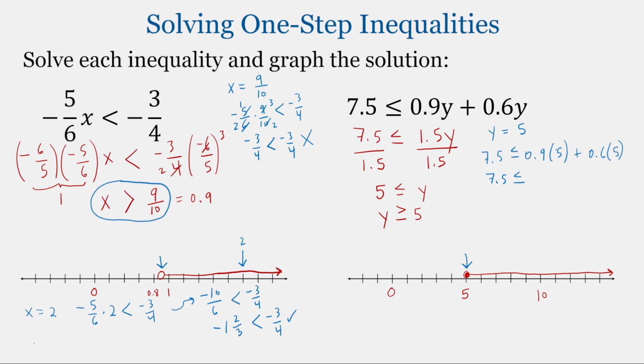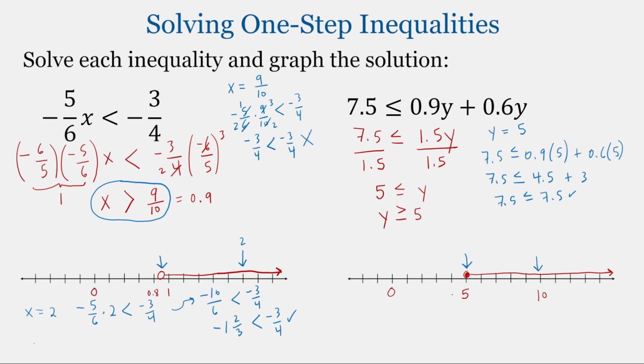So this is like 9 times 5, which is 45, but then it has the 1 decimal place. So that's 4.5. 6 times 5 is 30, so this becomes plus 3. So we have 7.5 less than or equal to 7.5. That's a true statement, and it's where the two sides of the inequality are equal.